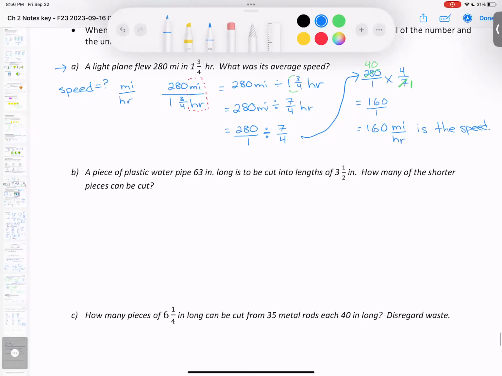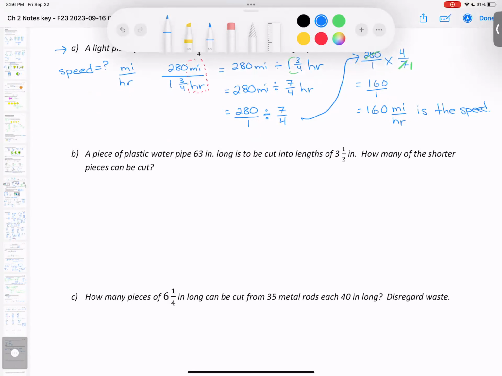All right, next one. We have a piece of plastic water pipe which is 63 inches long. So let's draw that out. Here's our pipe. Oh dear. Remember, this is why I do math. That's a pipe, and so you'll have to use your imagination.